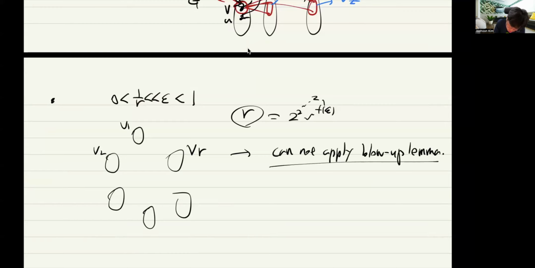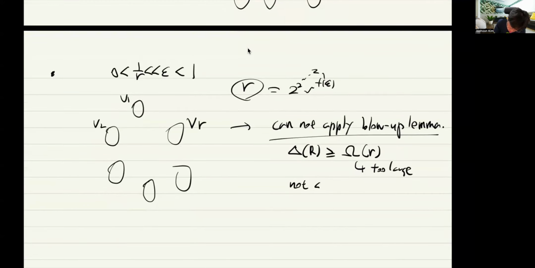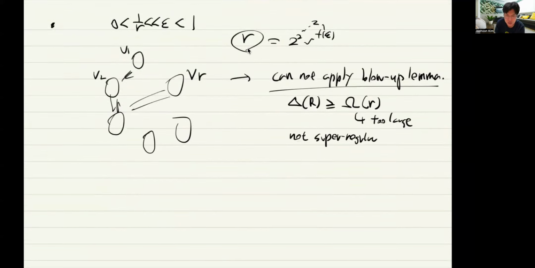So there are actually two reasons why it cannot be applied. One is that the maximum degree of R is usually, if you graph it, some constant times R, which is too large. That's much larger than 1 over epsilon. And second is that these are not super regular. The pairs are only epsilon regular, but not super regular.